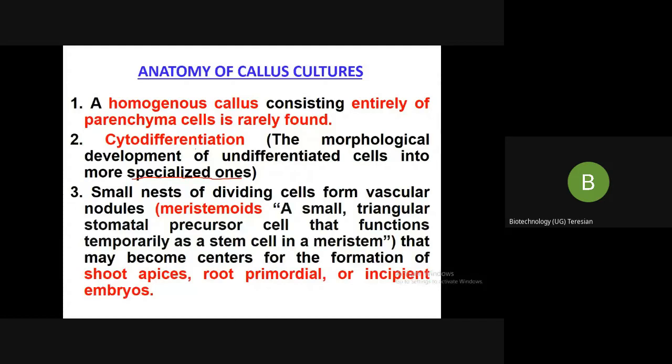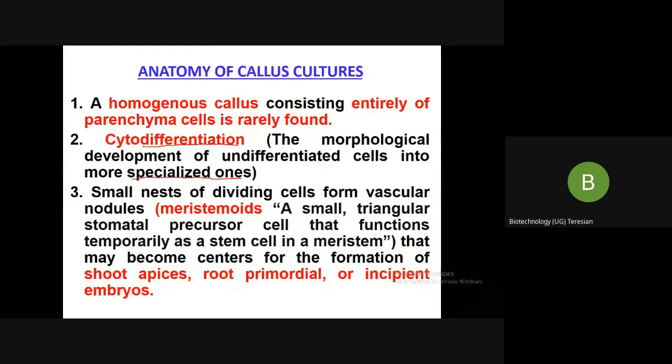Once we develop a callus in the laboratory, our duty is not just to maintain the callus as it is. Sometimes you require the callus in its natural form, so there are other means. But my main idea is, if I want to develop a whole plant from the callus, what should I do? I should see that my callus undergoes differentiation.